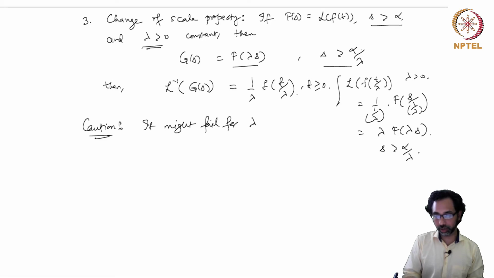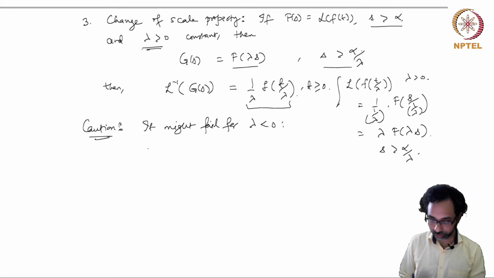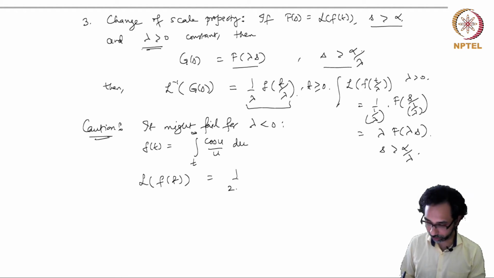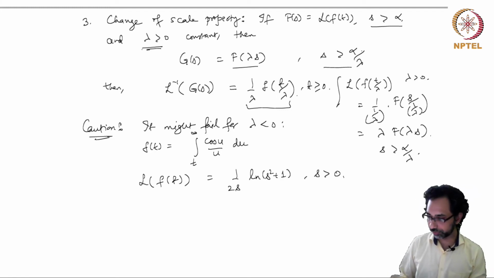for negative lambda. If we take the function f(t) given by the cosine integral, the integral from t to infinity of cos u over u du, then we have seen that the Laplace transform of this function is given by 1 over 2s ln(s square plus 1) defined for s greater than 0.